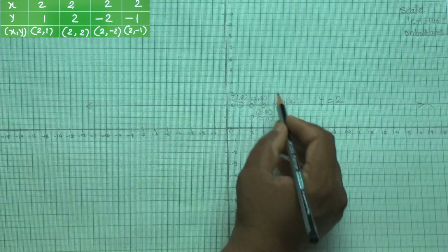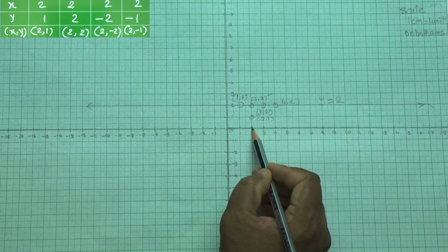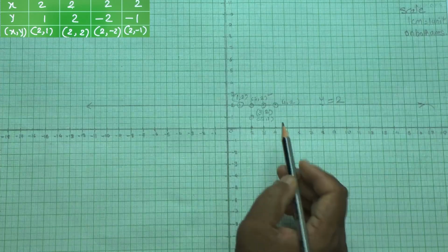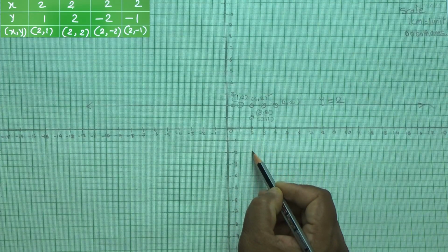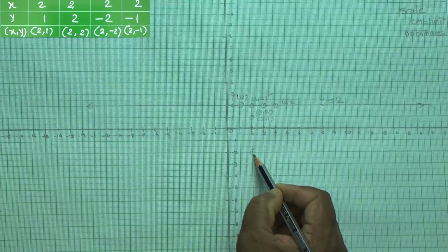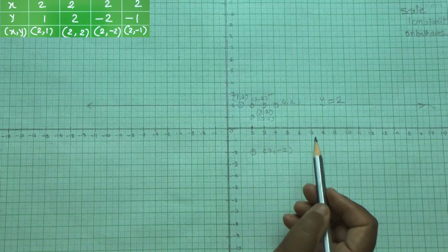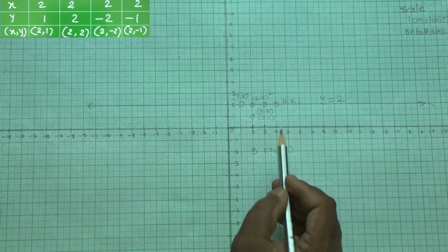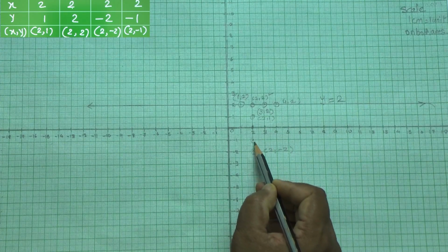This is the same point we got earlier also for y is equal to 2. Next one is 2 comma minus 2, 2 on the x axis, then minus 2 down here. So this is your coordinate because minus 2 is here. So 2 comma minus 2. Next one is 2 comma minus 1. So 2 comma minus 1 is over here.